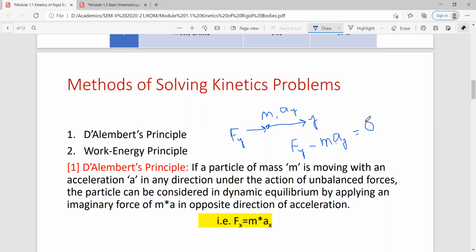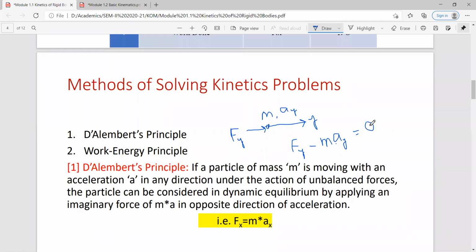That is, summation of these forces, the active forces and the inertia force, m into ay, will be equal to 0.